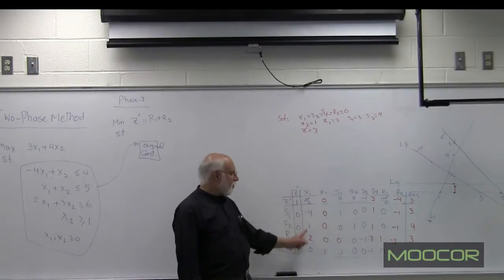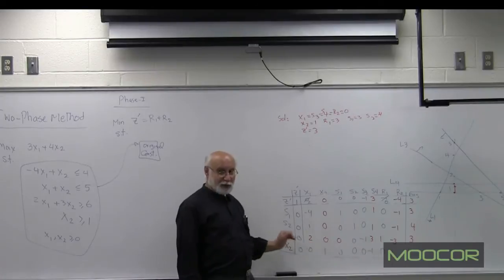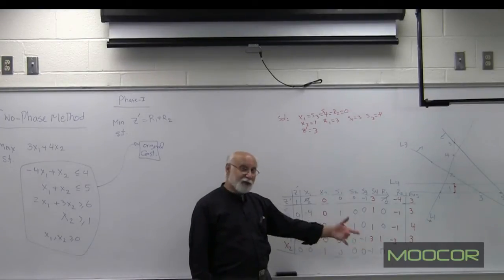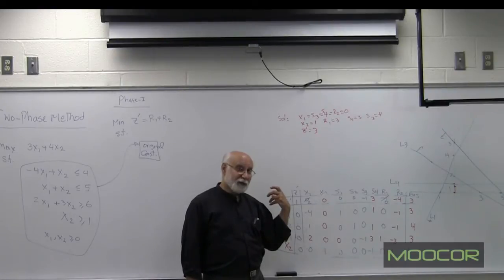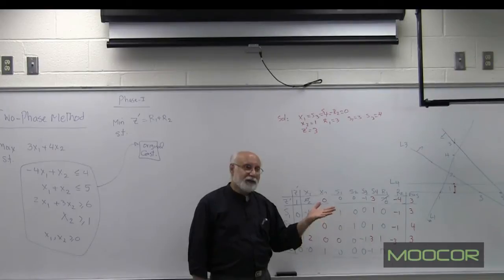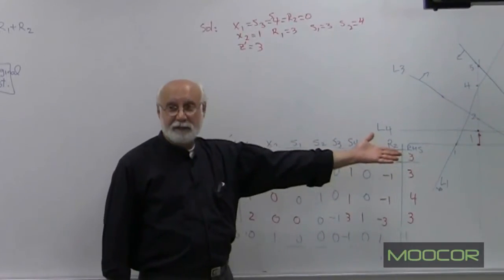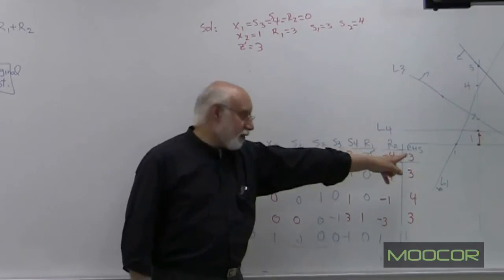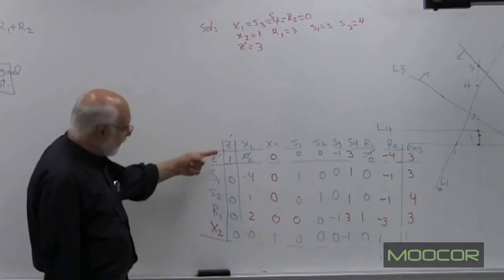So if between the two, one of them doesn't result in the R going out of the basis, select the other one if it does, because we want to get rid of the R's. The moment that you get rid of the R's, you are optimum here, because that becomes 0.